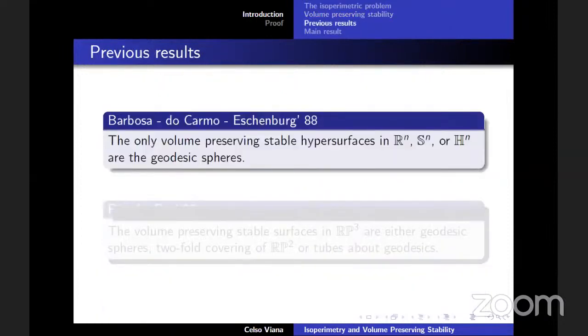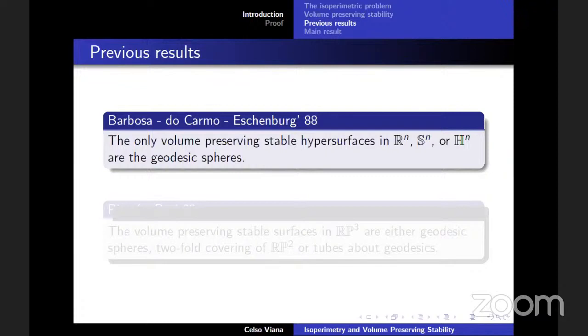So one important result in this direction was given by Barbosa, do Carmo, and Eschenburg in '88, where they actually introduced this definition in this general class of immersed constant mean curvature hypersurfaces and gave a very beautiful characterization of the geodesic spheres, okay? This is in any dimension.